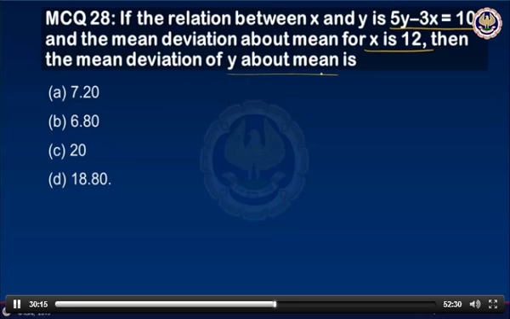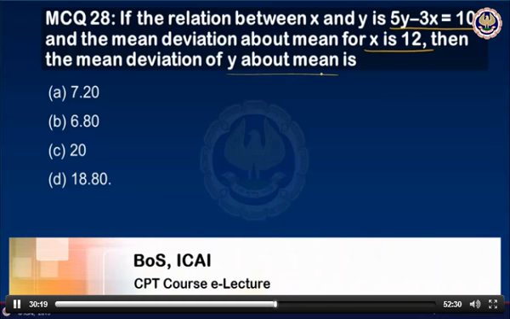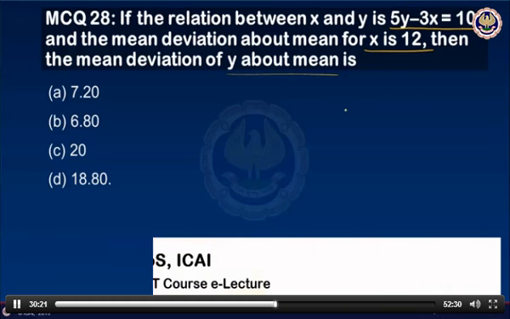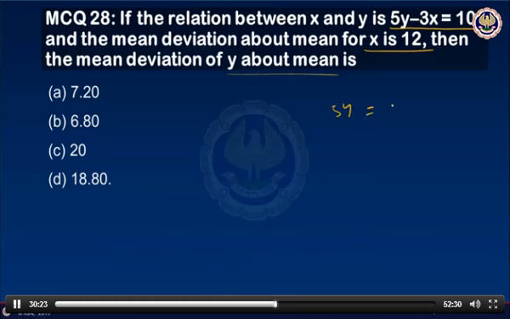First we have to express this in the form of y equal to. Look at 5y equal to 3x plus 10, so y equals 3 by 5 into x plus 10 by 5.